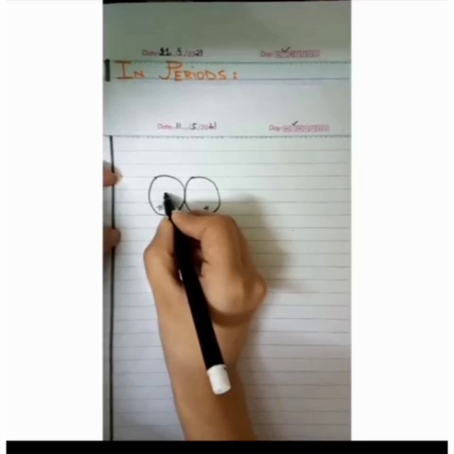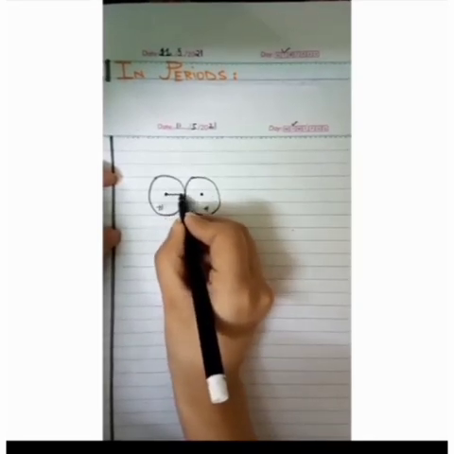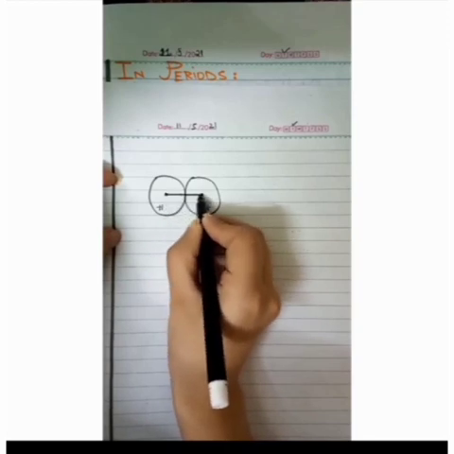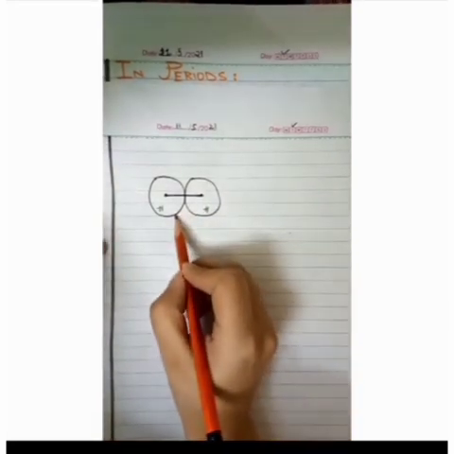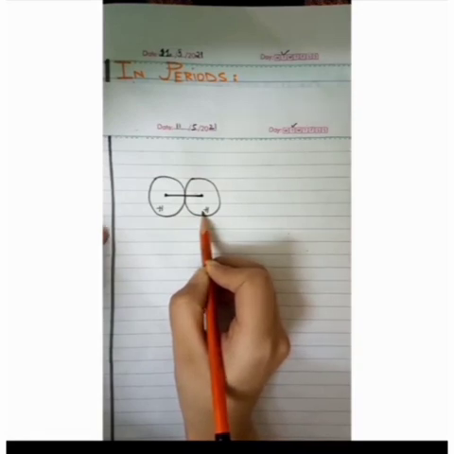In the center, nucleus is present, so distance between the nuclei. As these are the two similar atoms, we have to take the one half.